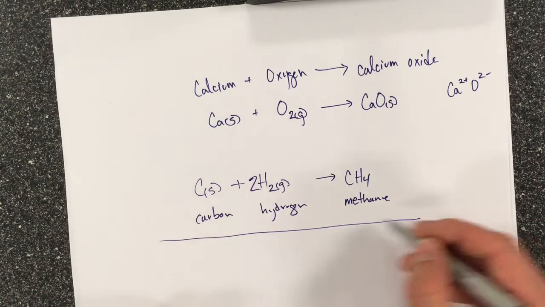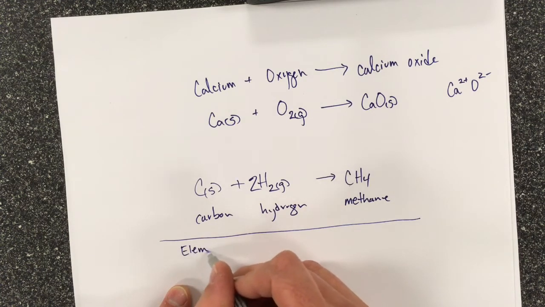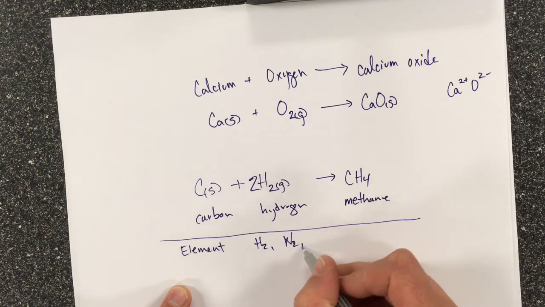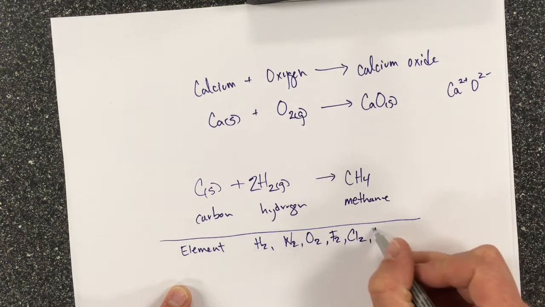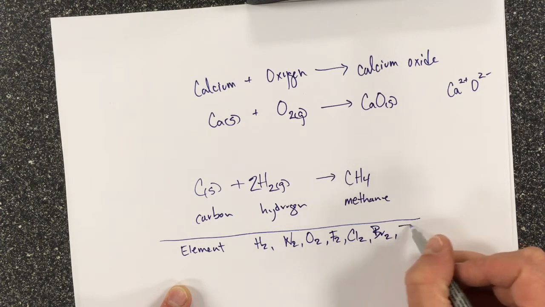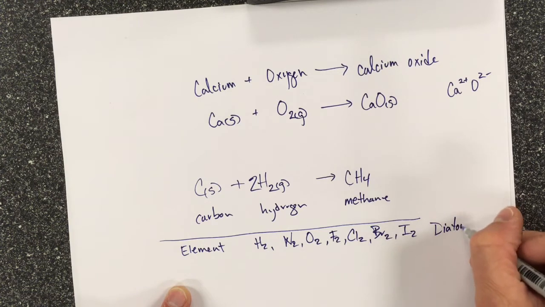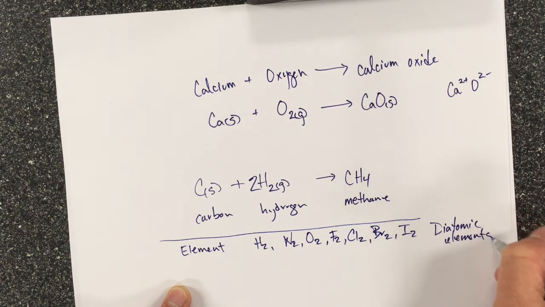The places where people make mistakes are that for the elements, we have H2, N2, O2, F2, Cl2, Br2, and I2 as the diatomic elements. They're molecules, but they're still elements because it's only one kind of thing.